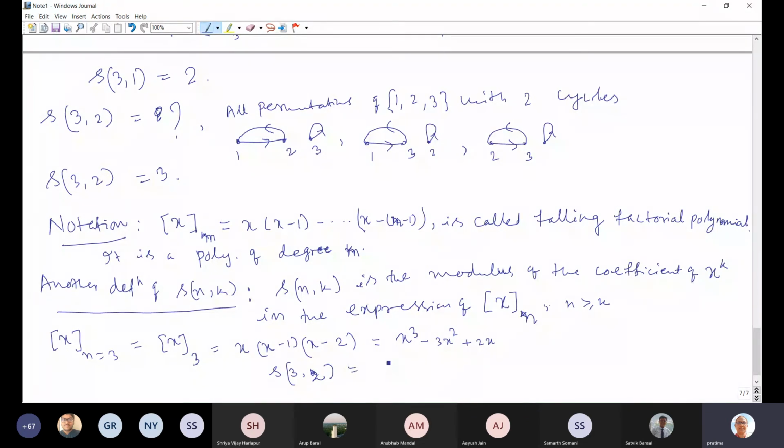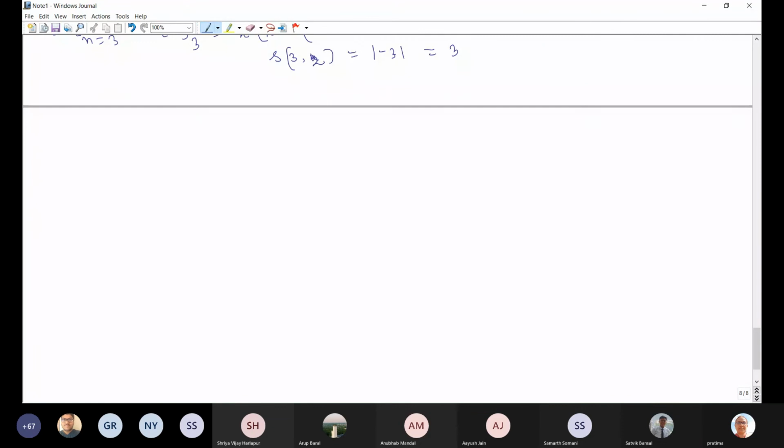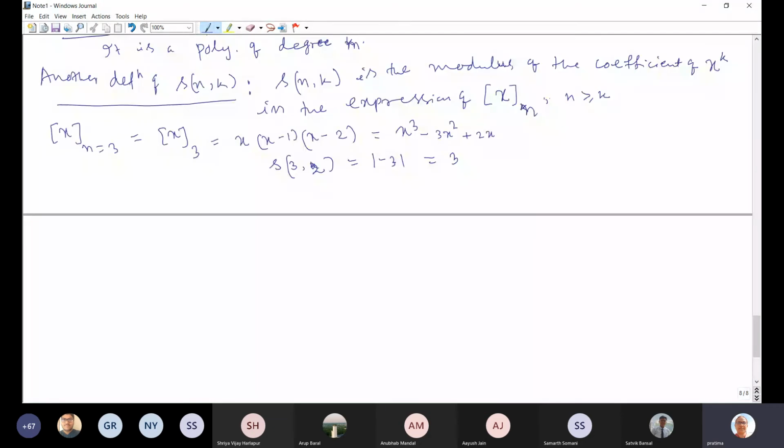According to this second definition, it is the absolute value of the coefficient of x square, which is 3. It agrees with our earlier definition, S(3,2) equal to 3. So this is another definition of the Stirling number of the first kind.